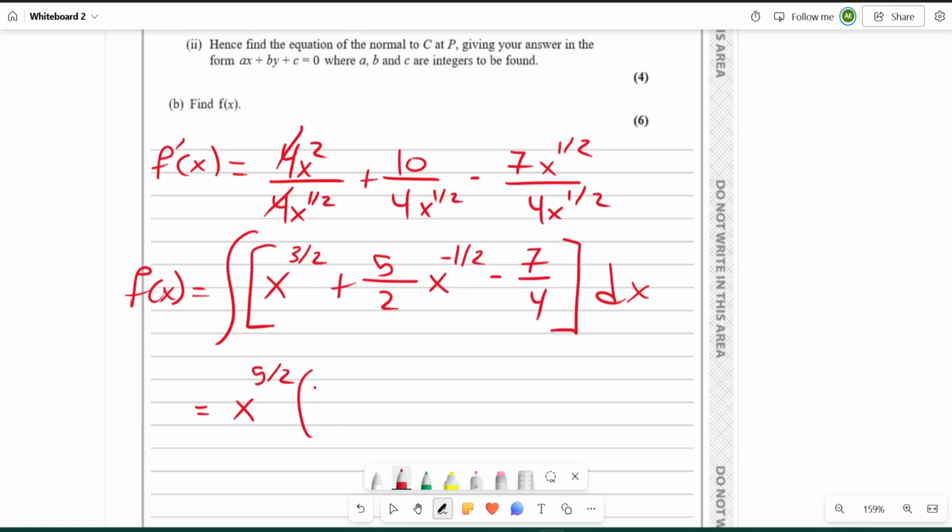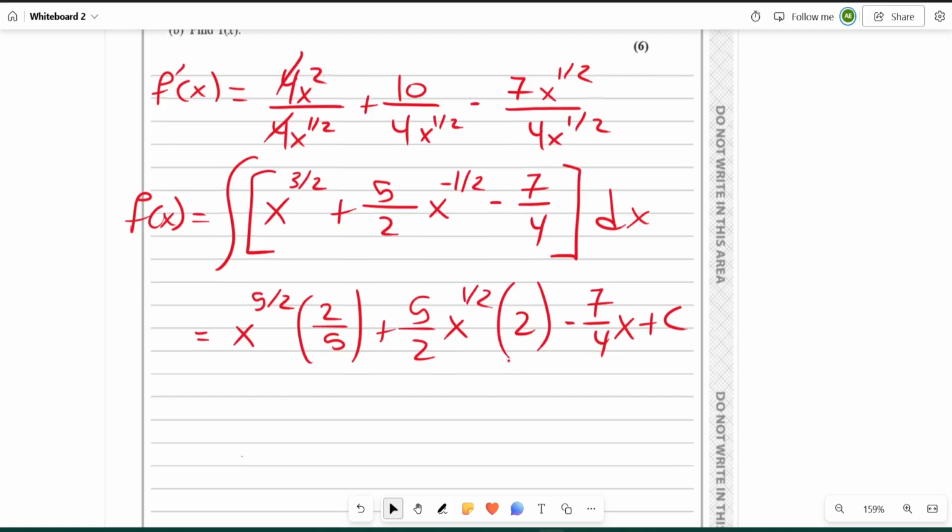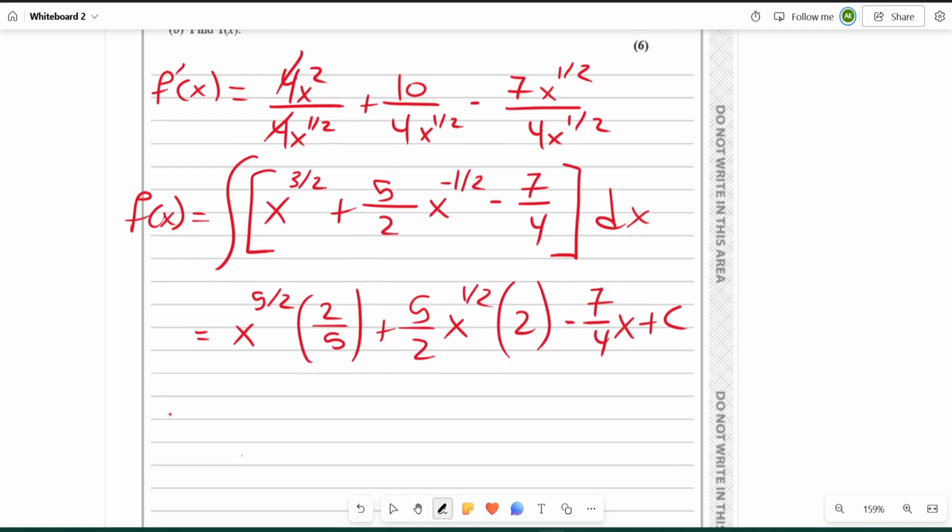Dividing by 5 over 2 is the same as multiplying by 2 over 5, plus 5 over 2 x power, negative half plus 1 is half, dividing by half is the same as multiplying by 2 over 1, and this is minus 7 over 4x, and I cannot forget the constant of integration. So this is going to be 2 over 5x power 5 over 2, plus, 2 and 2 will cancel, 5x power half minus 7 over 4x plus c equals f of x.